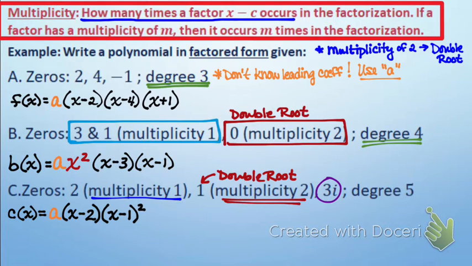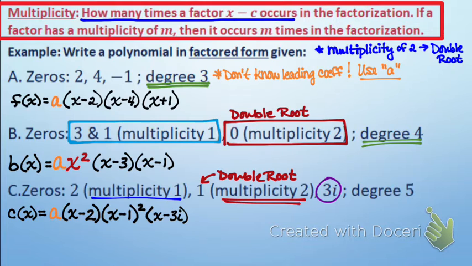What does the i represent? It is imaginary. Well, let's write our factor down. What would it look like if I had an imaginary 0 at 3i? What if it was just 3 instead of 3i? X minus 3. So this is going to be x minus 3i.